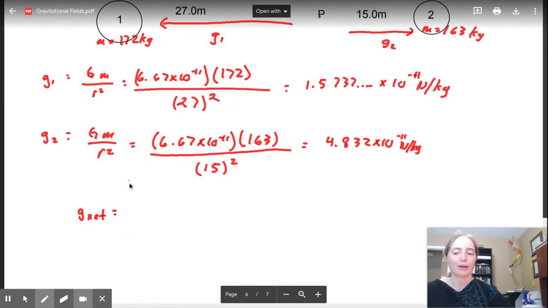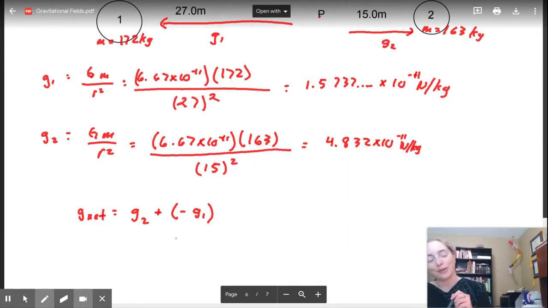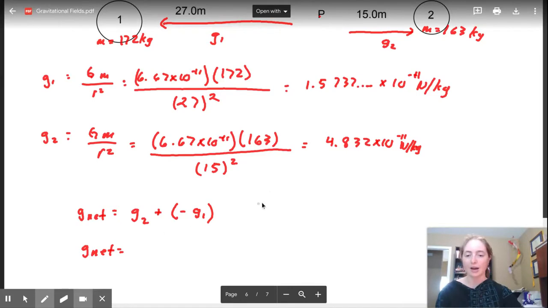Well, G2 is bigger, so our G net is going to equal G2 plus negative G1. Why is G1 negative, ladies and gentlemen? It's going in the opposite direction of G2. Okay, and we chose to make G2 positive because it's larger. So that means right is going to be our positive direction and left is going to be our negative. So my G net at point P, which is going to be experiencing both fields, I'm actually going to write this down. So right will be positive, left will be negative.